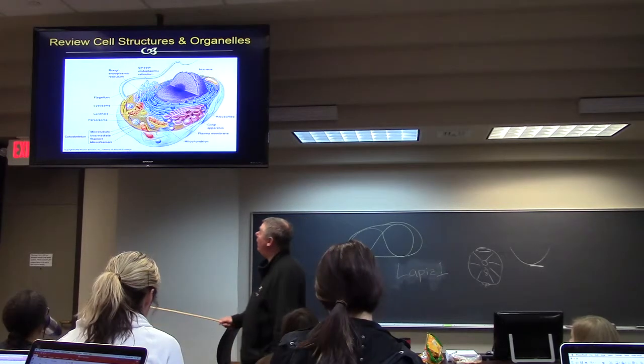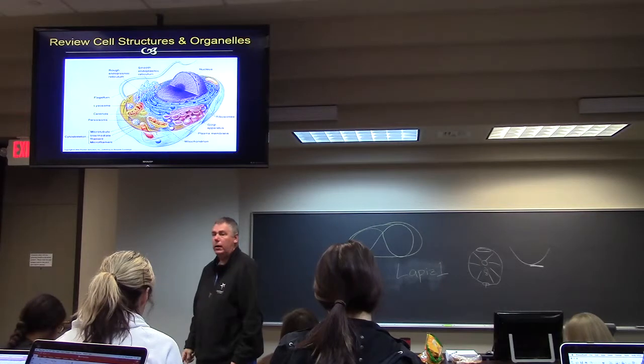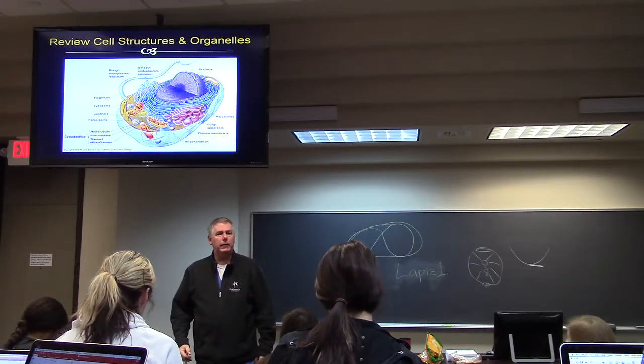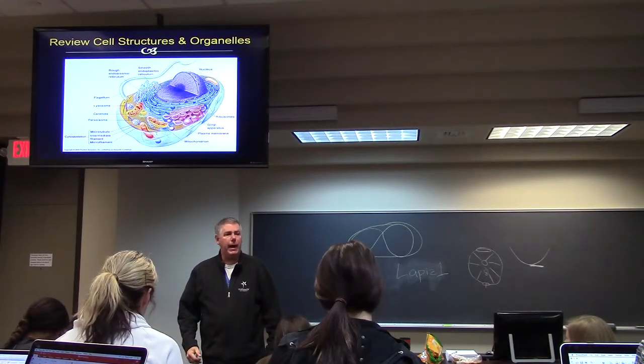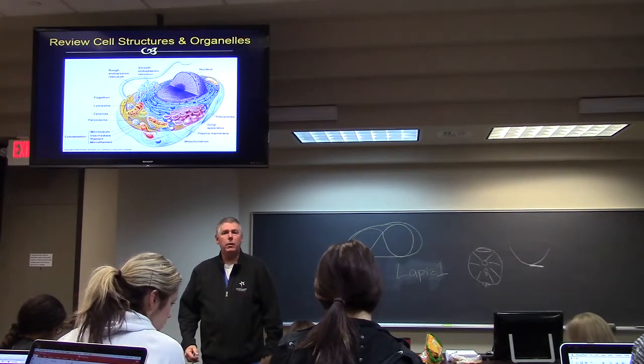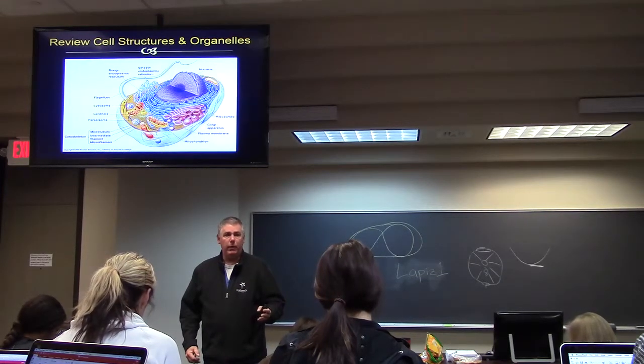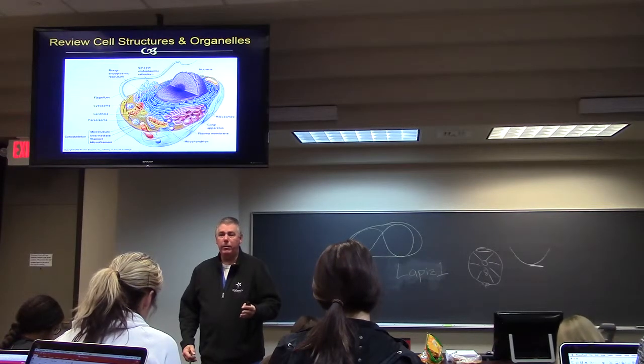So there are other elements here. The mitochondria, wonderful little structure that contains its own nucleic acids. You know that all the mitochondria in your body came from your mother. Not one mitochondria in your body came from your dad.